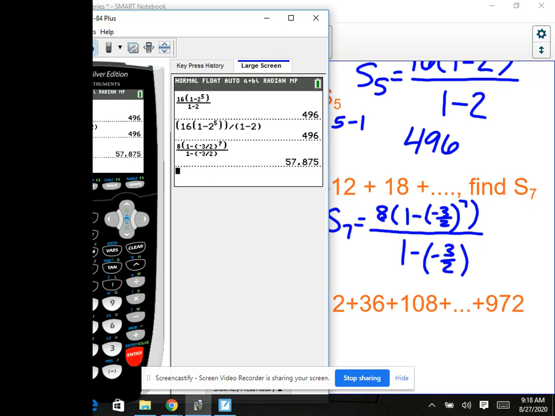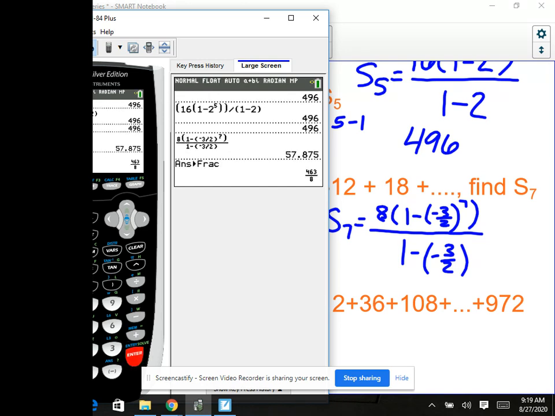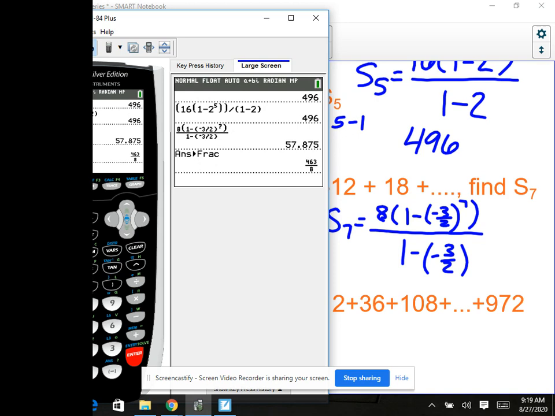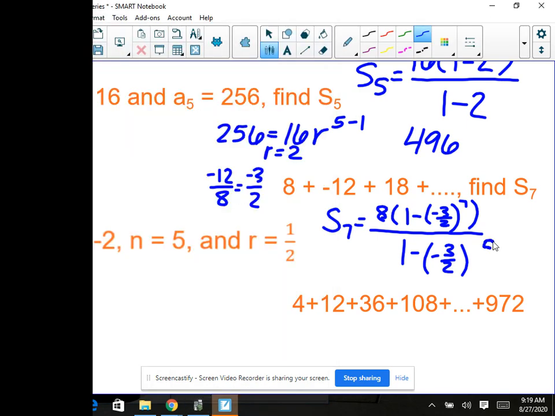If you give me the decimal, great. If you want to give me the fraction, go to math, frac, and it changes it to a fraction. Fractions are just cleaner, but if you give me the decimal in this case, that's fine. So 57.875.